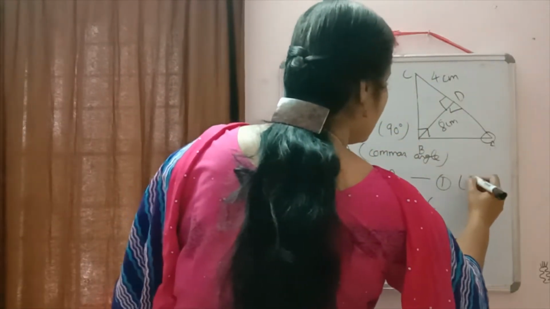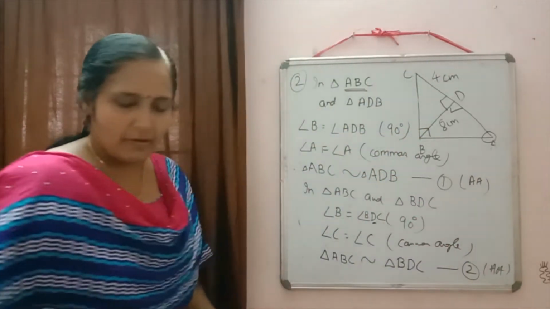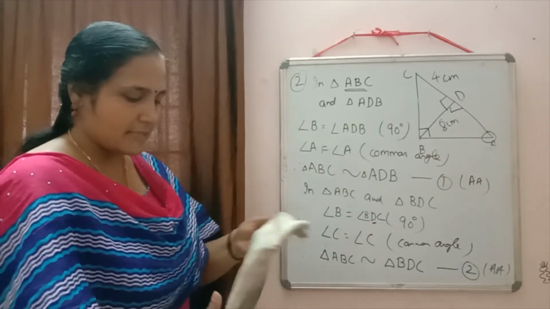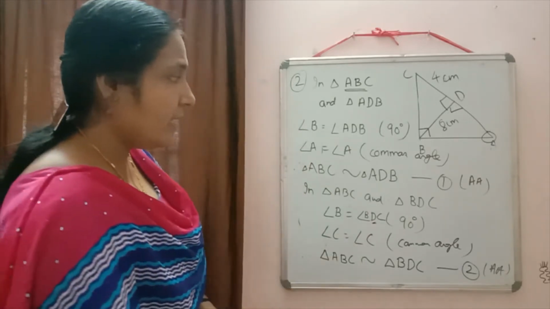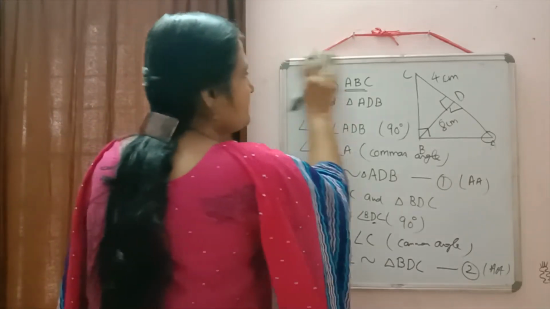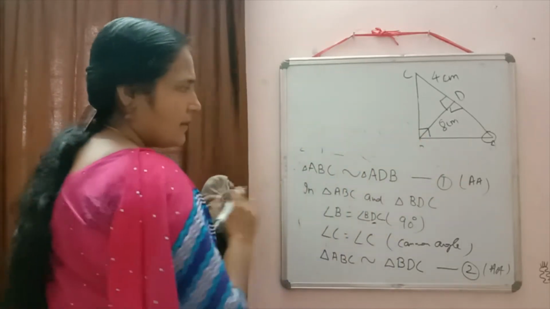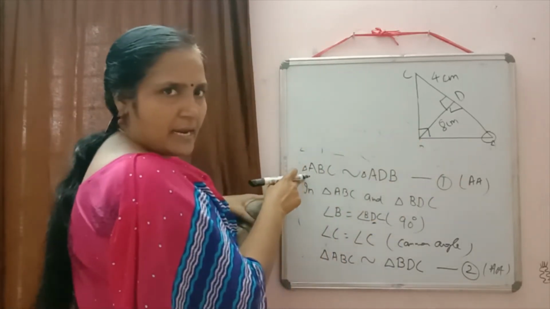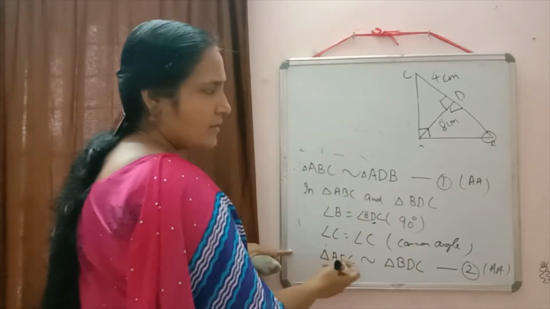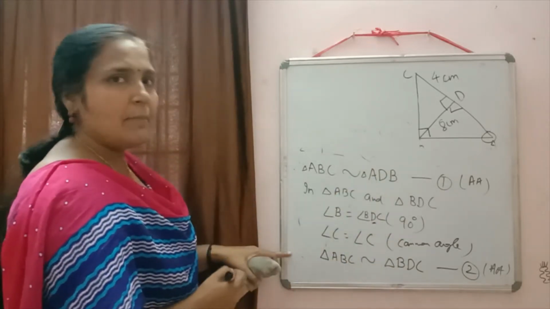Just write down the criteria also. AA criteria. In both the cases, we proved that the two triangles, both the smaller triangles are similar to whole triangle ABC. So write down now from equation 1 and 2. Yes, from equation 1 and 2, what we can say? If this triangle is similar to triangle ABC, this triangle also similar to triangle ABC. So we can say both these triangles also will be similar to each other.